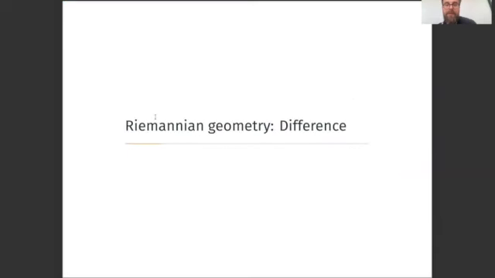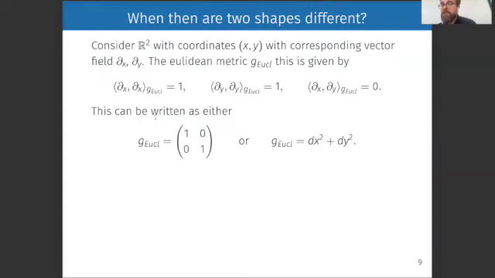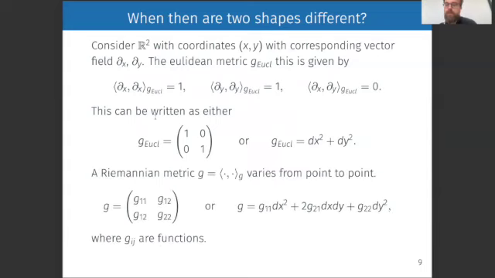How do we see a difference between Riemannian manifolds? This is something that's easily missed when you're learning Riemannian geometry. Let's take the simplest space possible, R2, with the standard Euclidean metric. And then you can have a general metric on R2, which will be written in a different way.